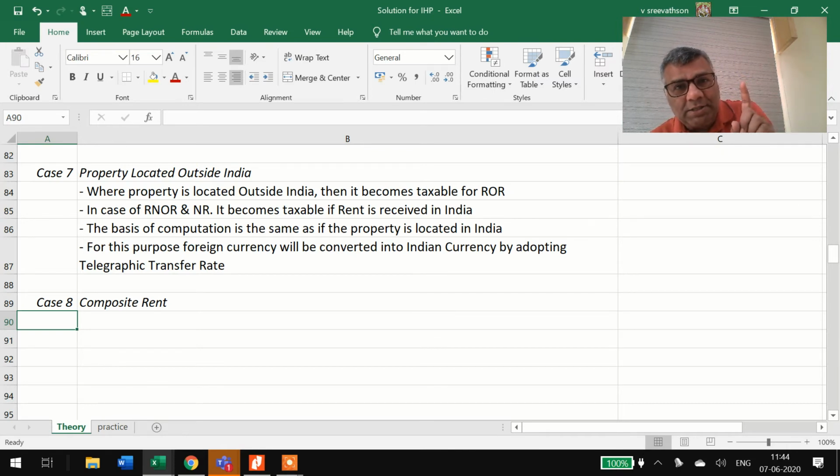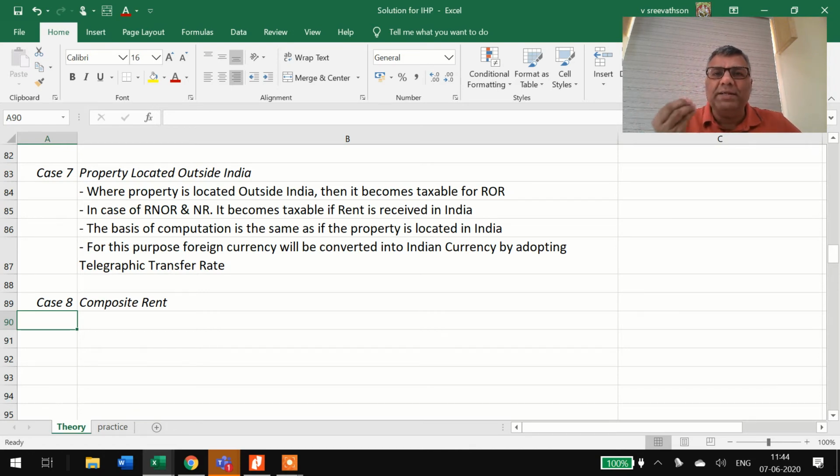Rent is not only for the house property, it is also for some amenities. I am letting out my house property along with my furniture, along with a lot of interior designs. I say rent for property 15,000, rent for furniture and decors 5,000.